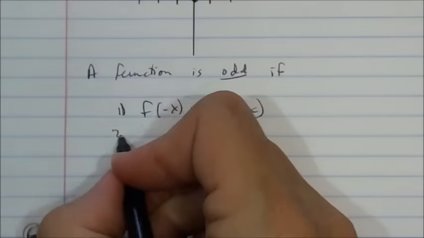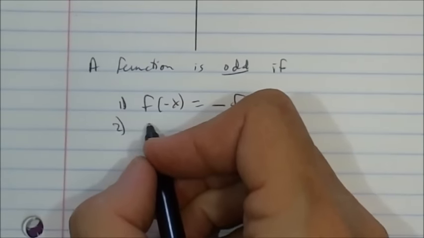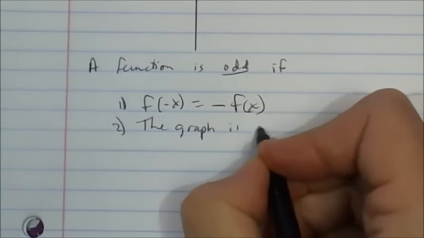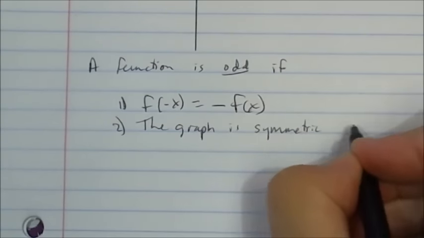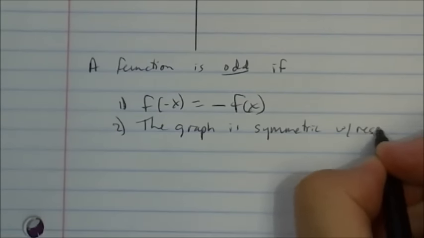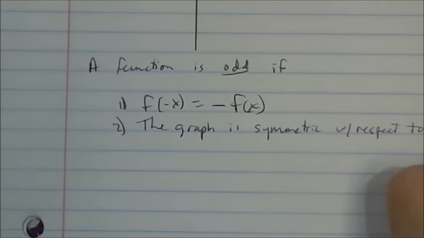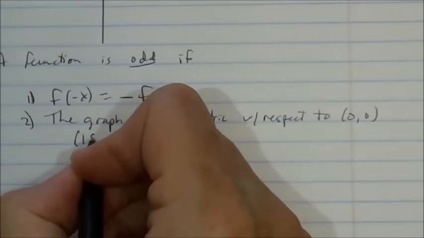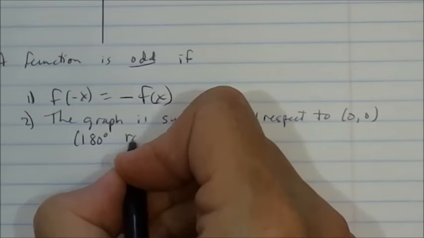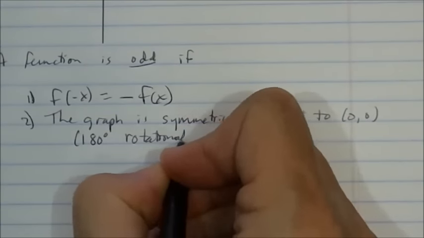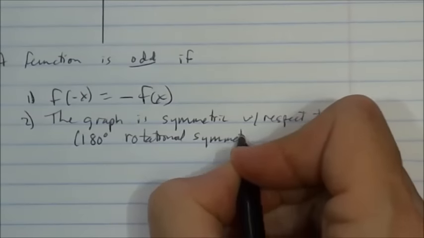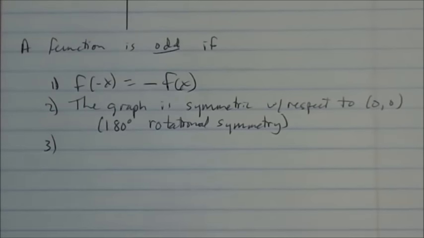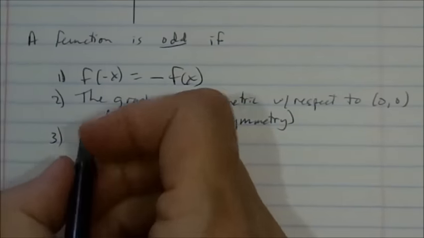Number 2, the graph is symmetric with respect to the origin, (0, 0), or in other words, it has 180-degree rotational symmetry. I'm sure you remember that from geometry. And then number 3, for every point (x, y), there's a point (-x, -y) on the graph.